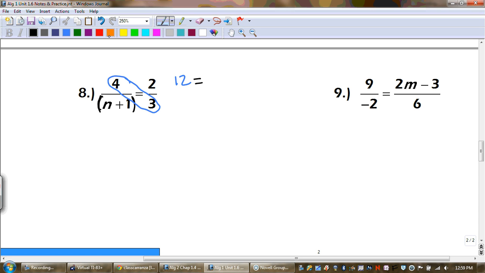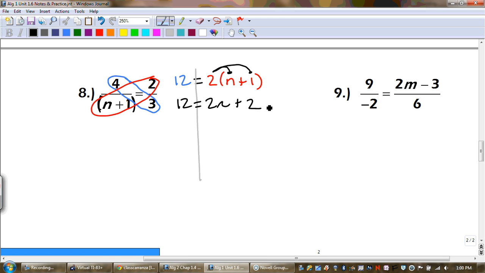And that equals 2 times n plus 1. Okay? And what we have to do is distribute that. All right? So what our next answer should say is 12 equals 2 times n is 2n plus 2 times 1 gives us 2. Okay.